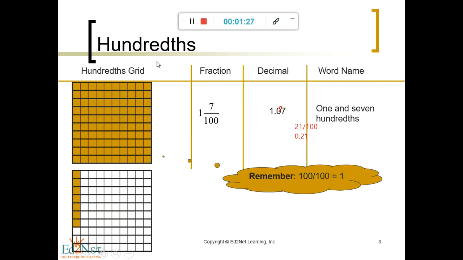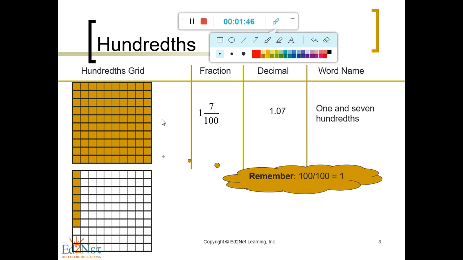Now let's talk about this, which we call a hundredths grid. This is 100 hundredths, so it can be represented by 1. And in this case we have one full grid and we have 1, 2, 3, 4, 5, 6, 7 hundredths.